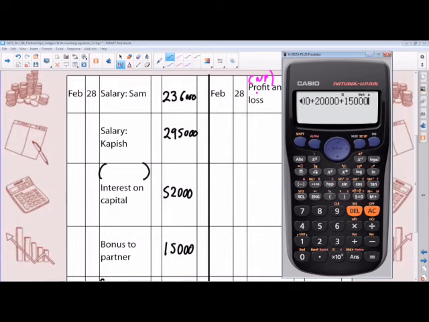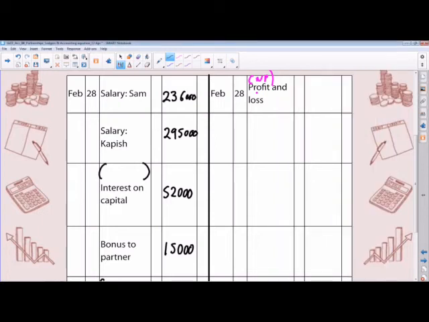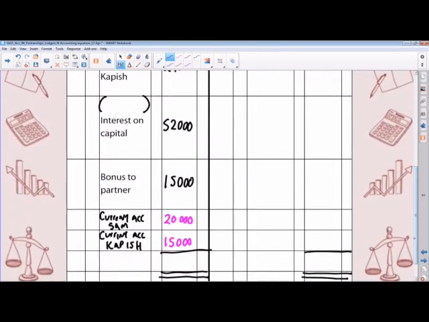And that gives us a net profit of 633,000. So let's fill that in, 633,000. And remember guys, you need to obviously show your totals on both sides of this account.